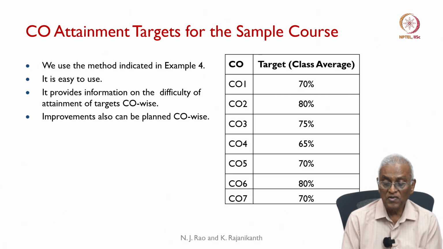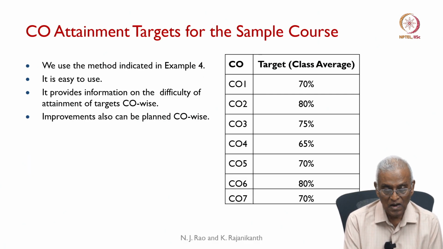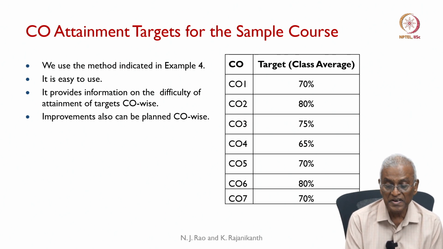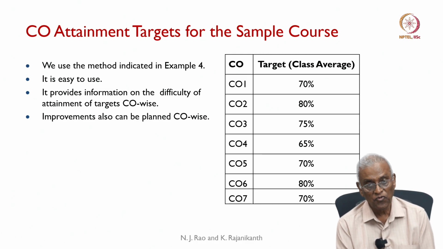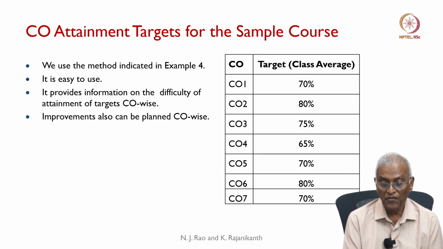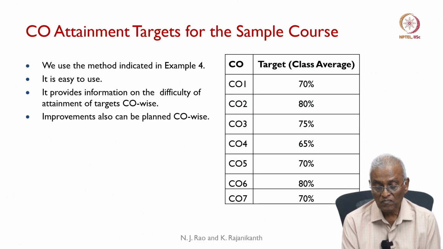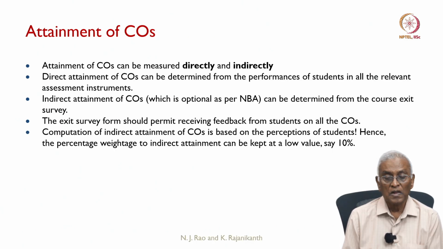Now for all our subsequent computations presenting to what extent they have been attained, we will follow this example 4 of setting the targets, where we have set up, as you can see, numbers, but I still differentiate between different COs. So we set different targets for different COs.